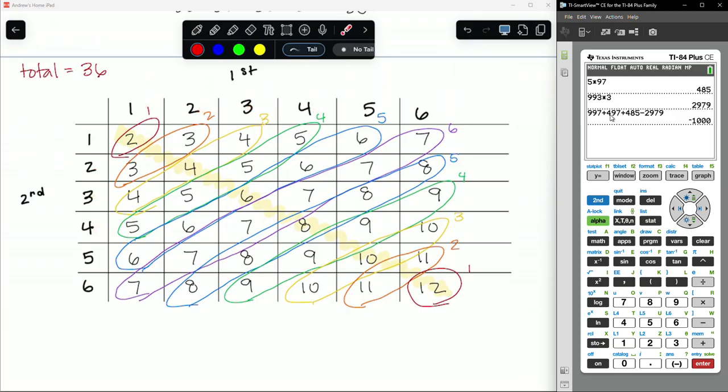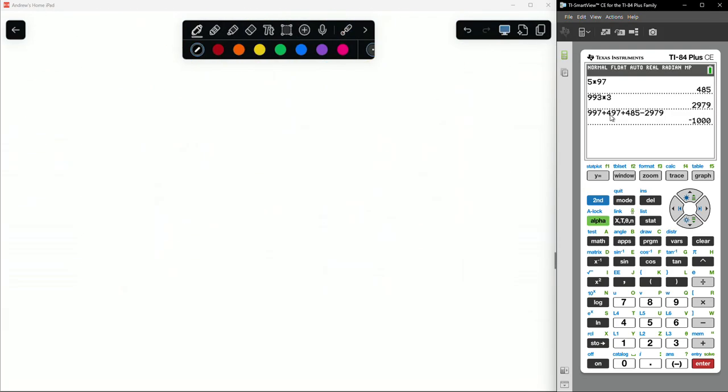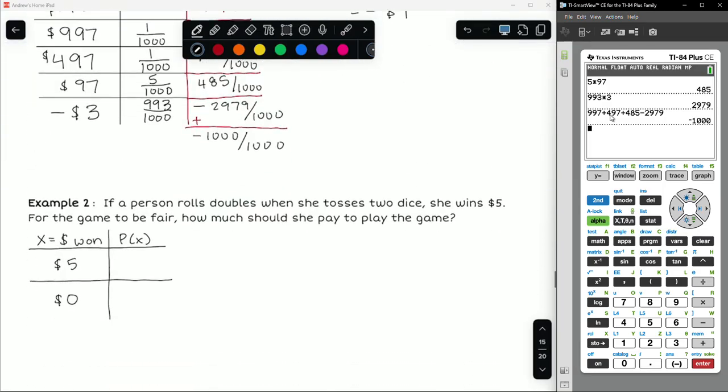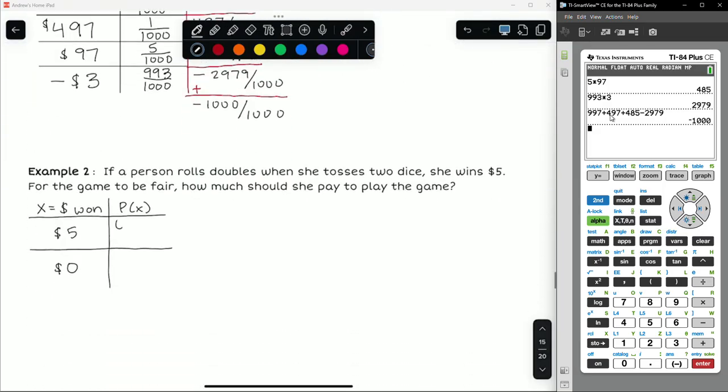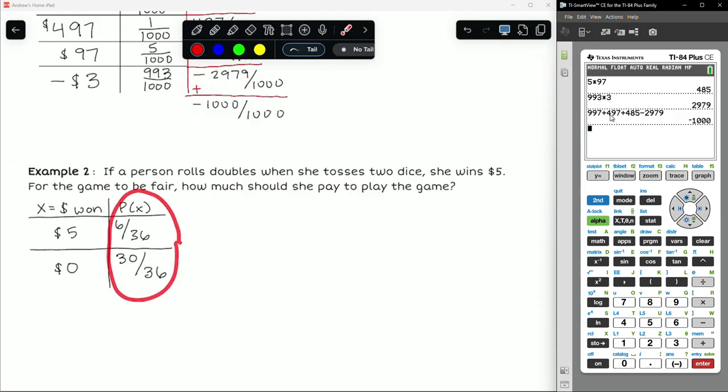Those are all my doubles. And there's 1, 2, 3, 4, 5, 6 outcomes that I can get from rolling doubles out of 36. So in this table, 6 of the 36 outcomes will result in her winning $5, which means the other 30 must be where she wins nothing. Because remember that this column has to add up to 1.